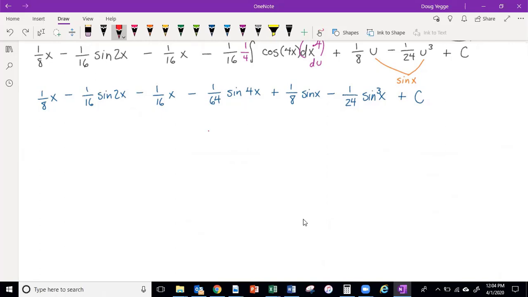So you could have said something like, let's rewrite that sine to the fourth x as sine squared x times sine squared x times cosine squared x.